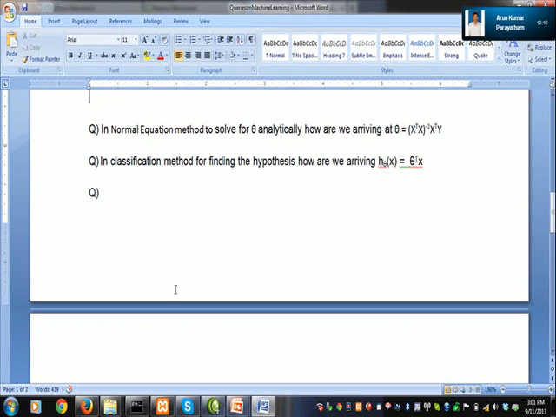Those 6 equations will be simultaneous equations in terms of x and theta. In engineering you studied how to solve simultaneous equations by using matrices. If you use that theory, it finally turns out theta equals this equation. So this derivation is not given. If you are more interested, just see normal equations. Here you need to know two things.